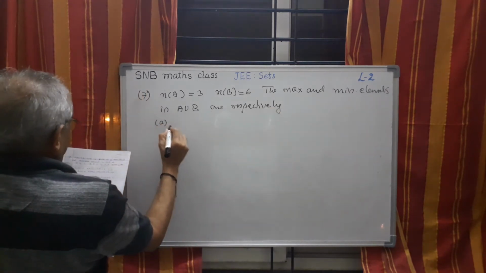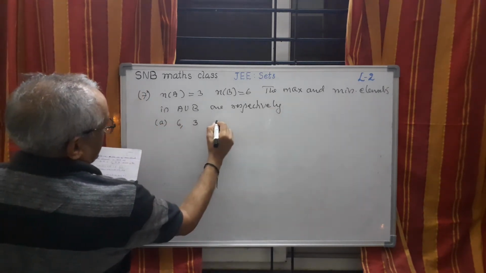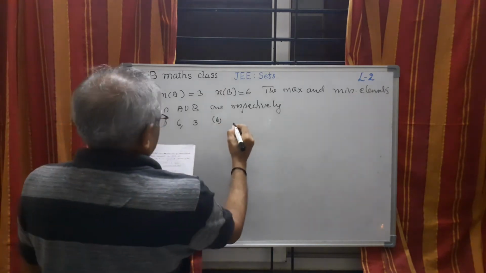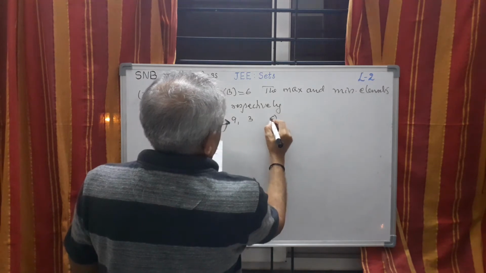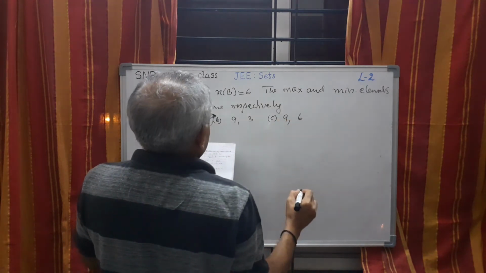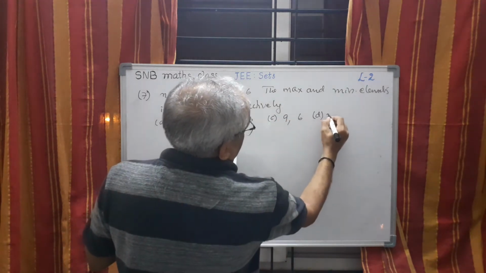First option is 6, 3. Second option is 9, 3. Third option is 9, 6. And last option, of course, D, none of these.